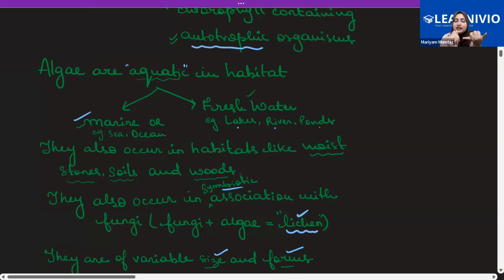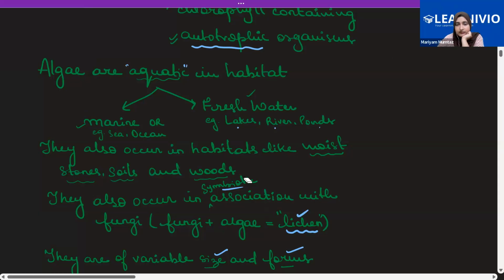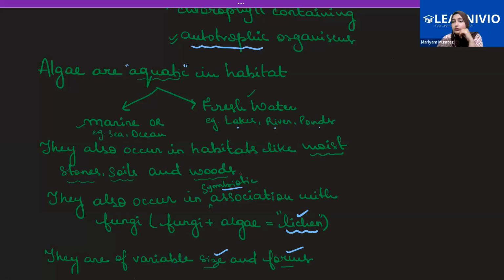And they can be marine and fresh water, right? Marine water is the one that has salt in it. Fresh water is the one that is free of salt. So the algae, they are aquatic in habitat, so they can be found in marine and fresh water. They also occur in habitats such as moist stone, soil, and even on the wood they grow.